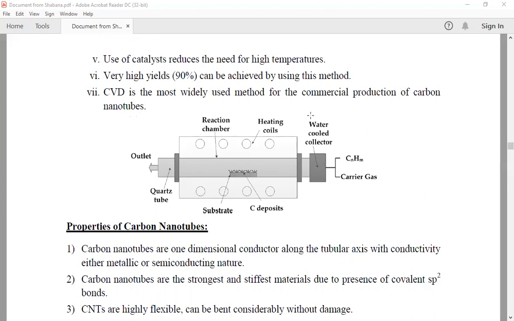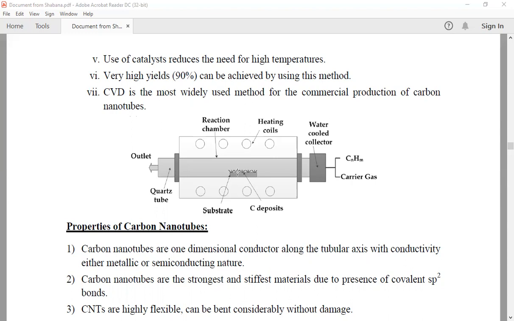The substrate was prepared with a layer of metal catalyst nanoparticles, which is made up of nickel, iron, or cobalt. The substrate is heated at 700 degrees centigrade, and a mixture of nitrogen and carbon-containing acetylene gas, where nitrogen is known as the carrier gas, is passed.